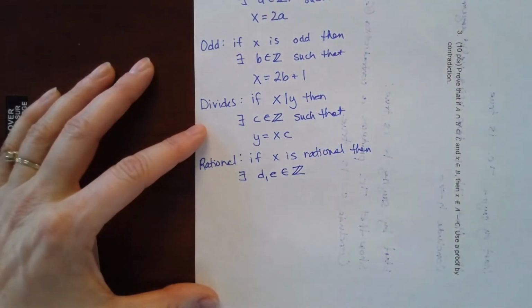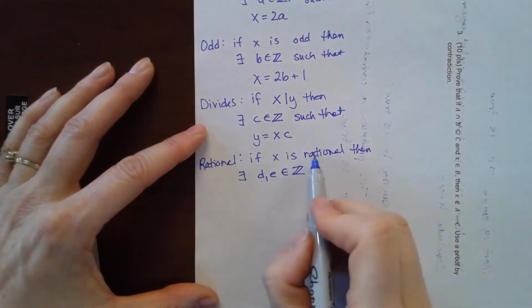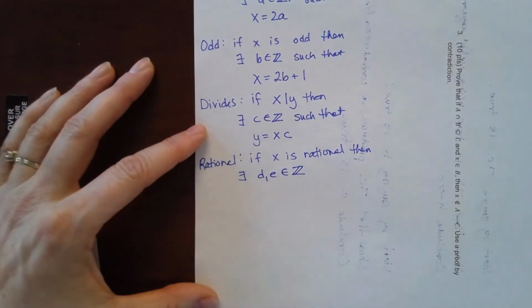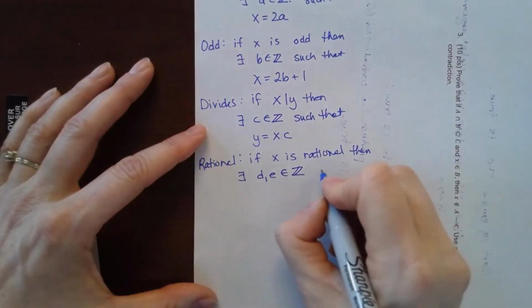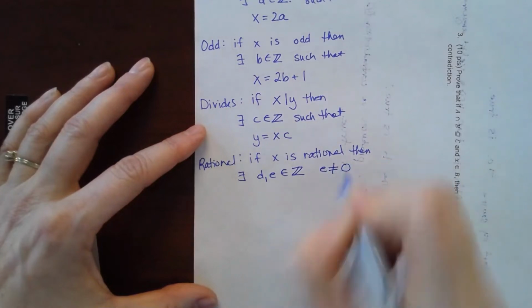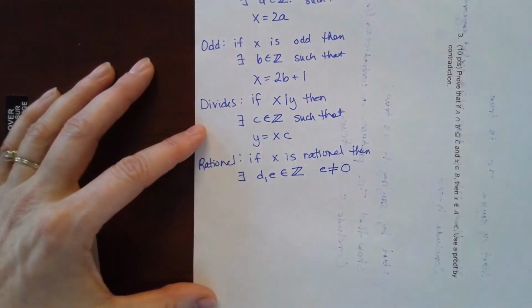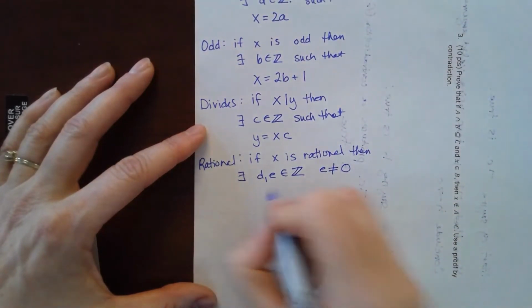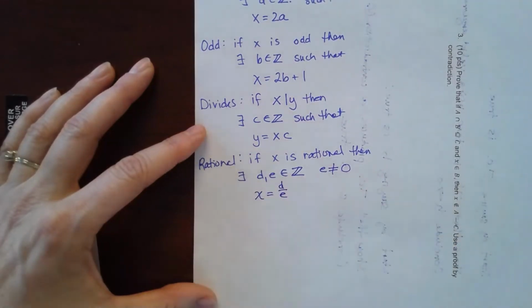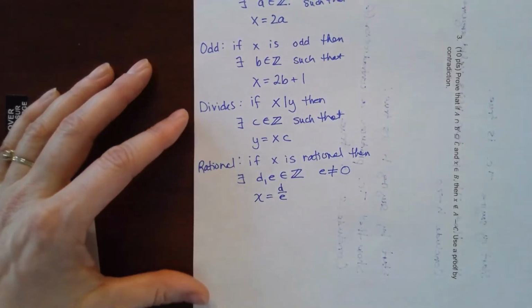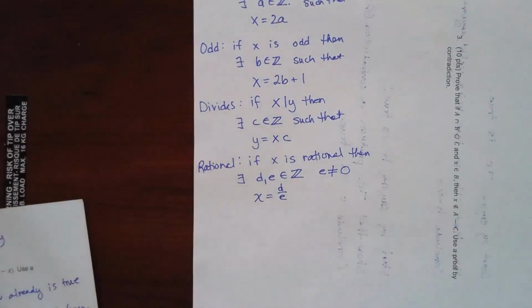Because rational means ratio, we're going to write a fraction for it, and you can't have 0 in the denominator of a fraction. So E is going to be our denominator. That one can't be 0. So I can take my x and write it as a ratio of those 2 integers, of course with the denominator definitely not being 0.